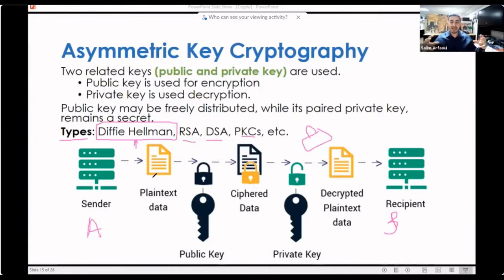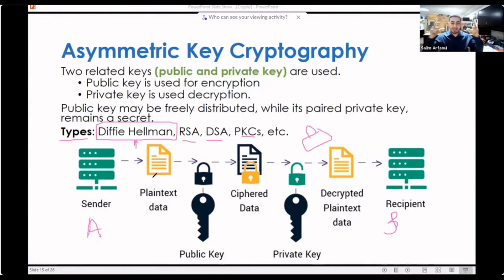Alice and Bob will establish some type of shared secret key that is going to be used for encoding and decoding. And that's going to take us back to symmetric key cryptography. It starts as asymmetric using two keys, but once the key is established over the network, we're now talking about symmetric key cryptography, right?